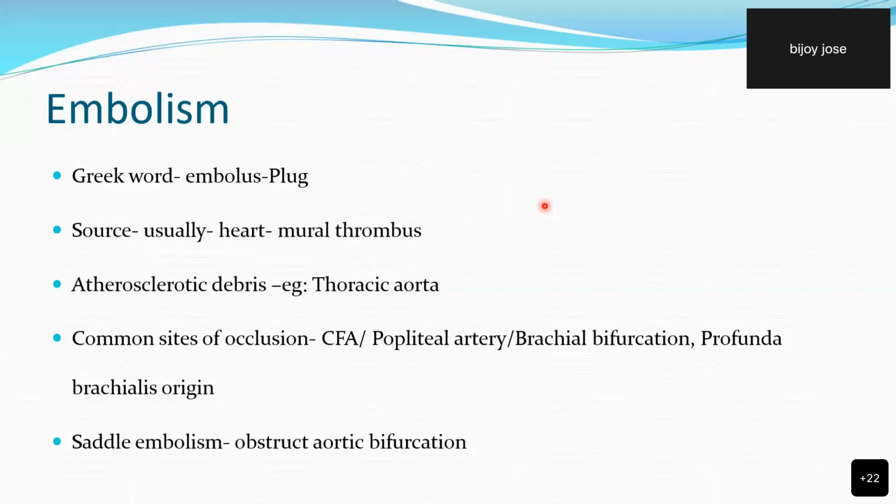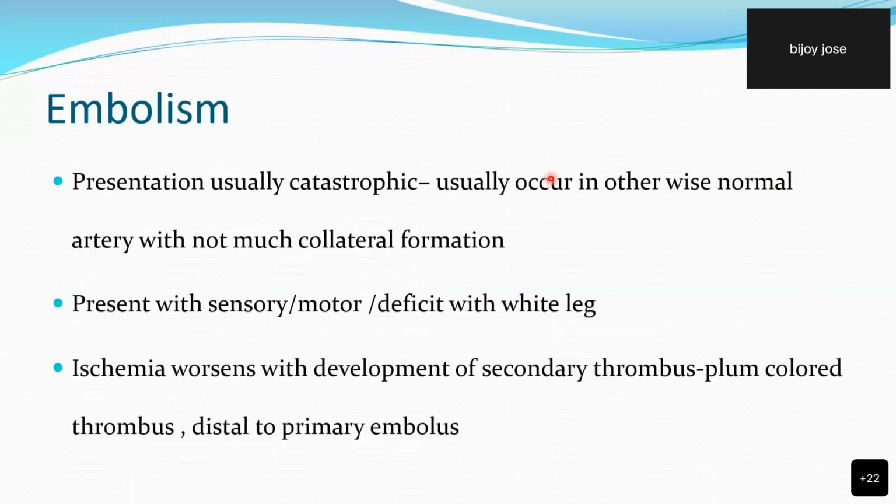Sometimes there is what we call a saddle embolism: a large embolus obstructing the aortic bifurcation is called a saddle embolism. Embolism presentation is usually catastrophic, occurring in an otherwise normal artery with not much collateral formation.